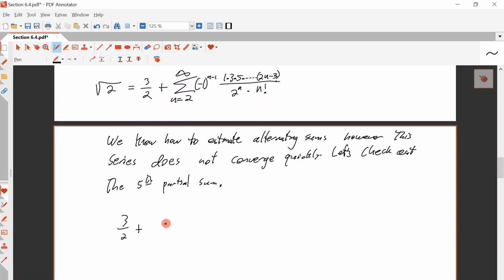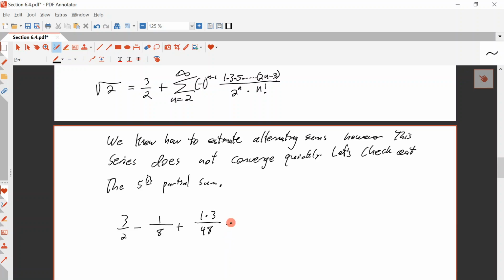is 3/2 plus the sum n equals 2 to 5. For n equals 2, this is just 1, and then 2n minus 3 is 1. So that's 1 over 2 squared times 2 factorial, which is 8. And that's a minus at 2. At 3, you're going to get 1 times 3 over 8 times 3 factorial, which is 48.